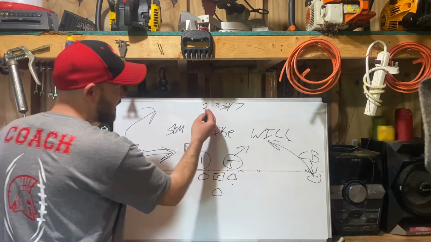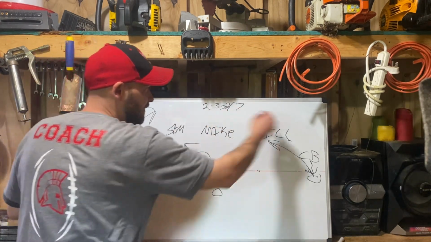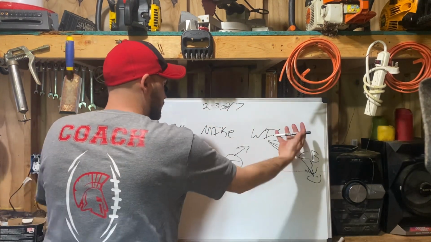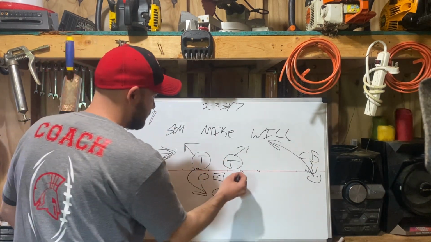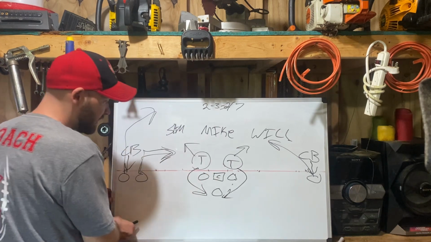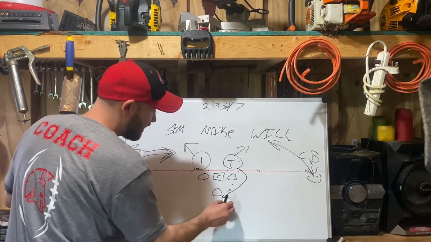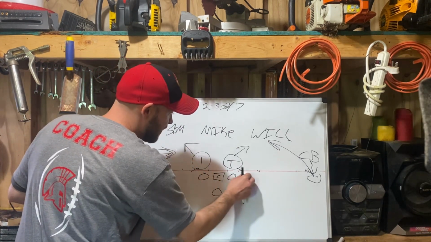So if I say 2-3-2-7, that means all 7 men are downfield, not penetrating. We don't want that. So that's when I say 7. I'm not going to call it that often because I want sacks.